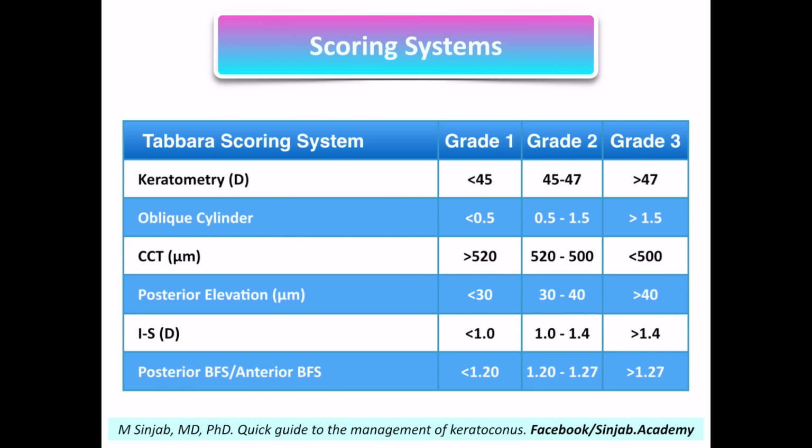It grades the cornea from 1 to 3, depending on the keratometry, oblique cylinder, central corneal thickness, posterior elevation, inferior superior difference, and the ratio of posterior best fit sphere to anterior best fit sphere.